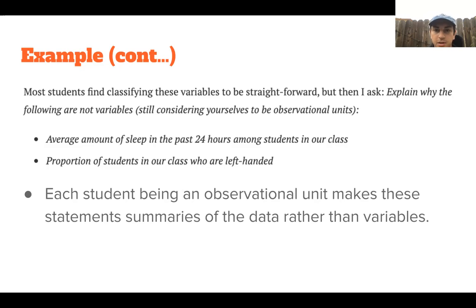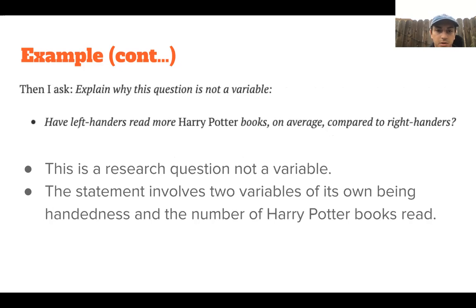Then he continues on to finish off the example, and I'll give you a second to read this too. And he's actually putting in the idea of a research question, which is foreshadowing for other examples in the future. So this research question is not a variable.